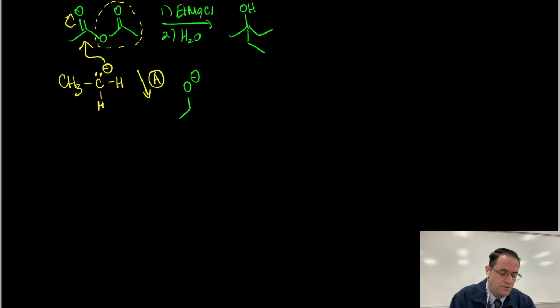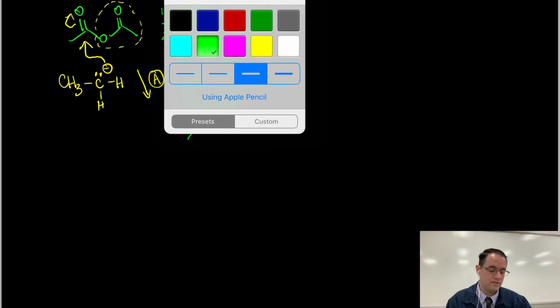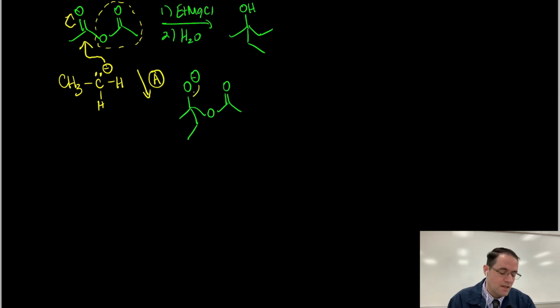We get the tetrahedral intermediate. So I'm drawing my ethyl group down there. It's now attached to my molecule. And what I now want to do is kick off the leaving group. Okay, so acetate's being removed.